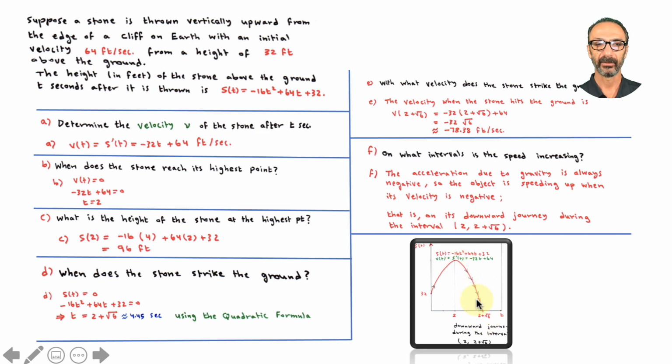Gravity, downward journey during the interval 2 and 2 plus square root of 6. Velocity is negative. The tangents have negative slopes, and gravity is negative because you're going down. So that's when the object is speeding up.